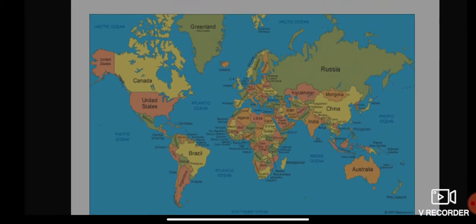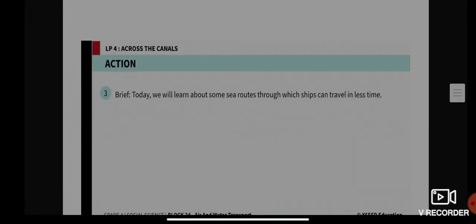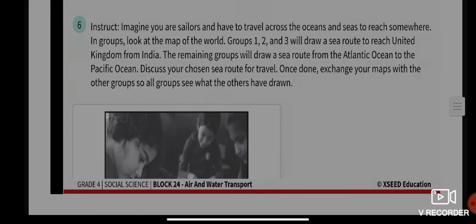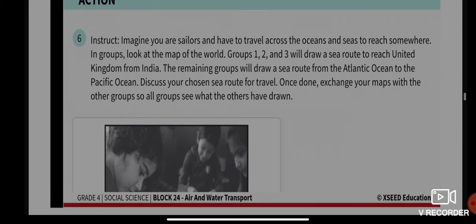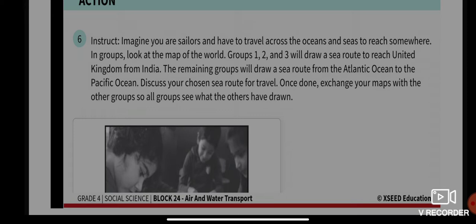Then you have to draw a sea route to reach the United Kingdom from India, and discuss and choose the sea route for travel.